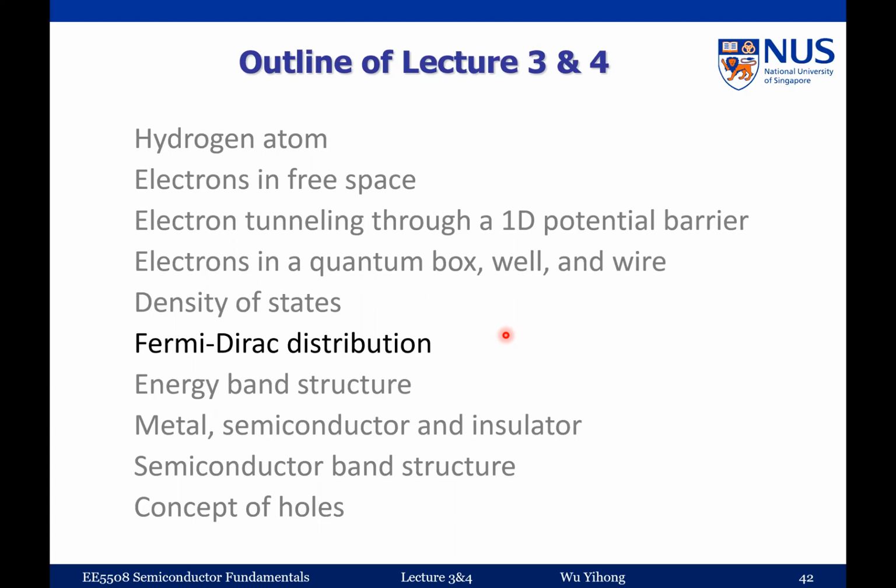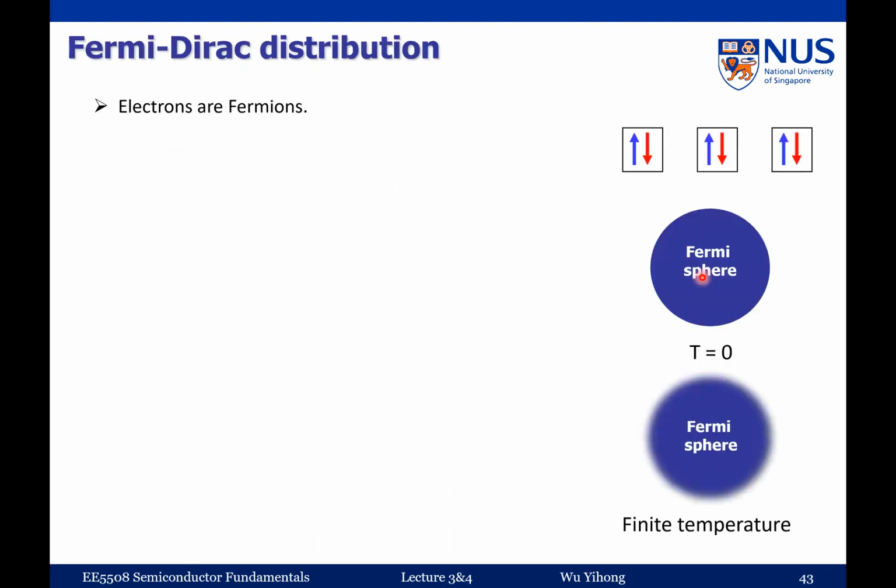This means the electrons are not actually stationary at the Fermi surface, they are moving. But statistically, you can have some sort of statistical model to calculate the distribution, the probability of an electron at a certain energy level near the Fermi surface. That's called the Fermi-Dirac distribution. So the Fermi-Dirac distribution, okay, this is already explained. At T equals 0, the Fermi sea is completely filled up, and those above the Fermi surface have no electrons, they are empty, right?